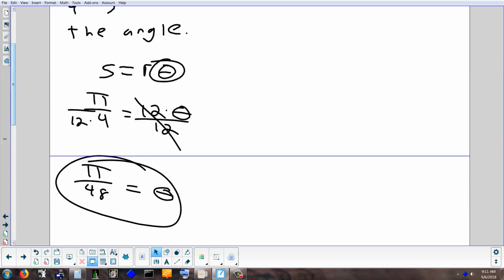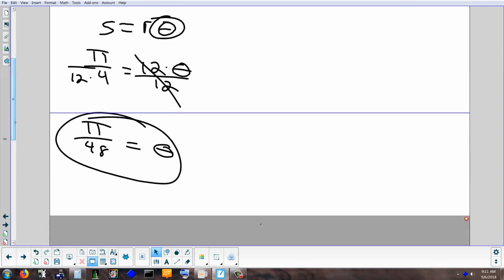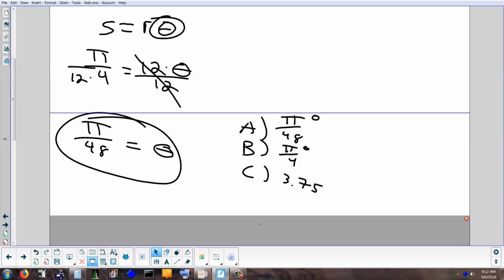Now, what would be a little tricky is, let's say this was a multiple choice question. And I gave you choices of pi over 48 degrees, pi over 4 degrees, and 3.75 degrees. One of those is correct. Anybody think they know which one is correct?